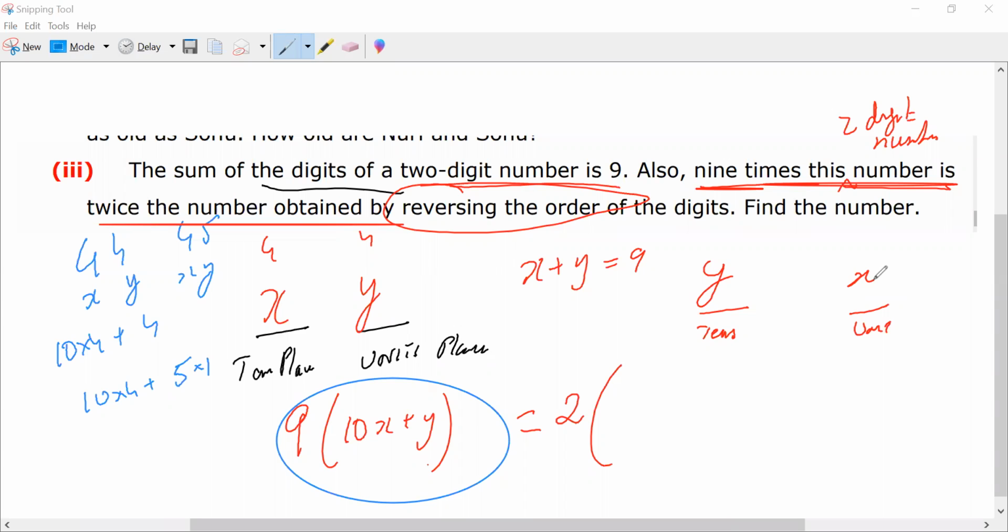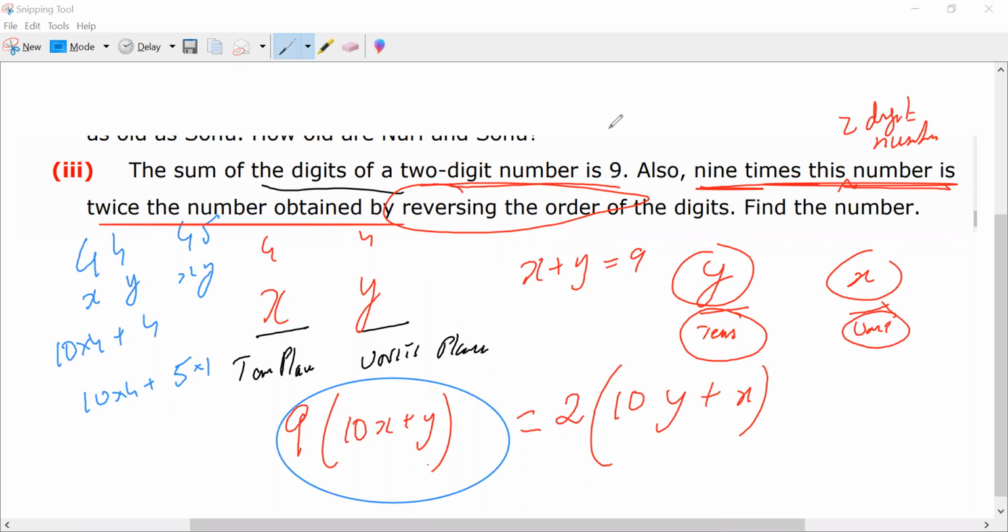Is this thing clear to everyone? So 2 times the number, in the sense tens place is now Y, units place is x. So 10y plus x. That's it. So first equation I already got it, so do not forget about the first equation: x plus y is equal to 9. Next equation is what? 9 into 10x plus y is equal to 2 into 10y plus x.